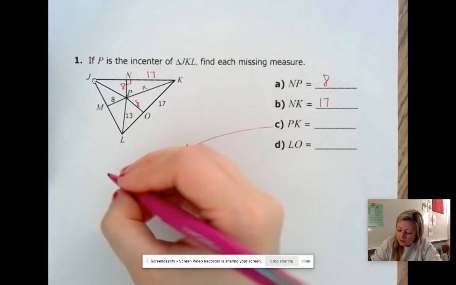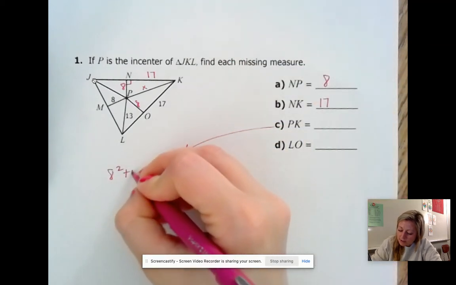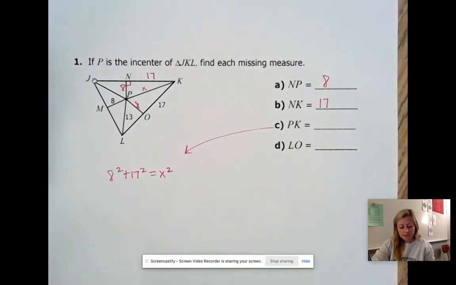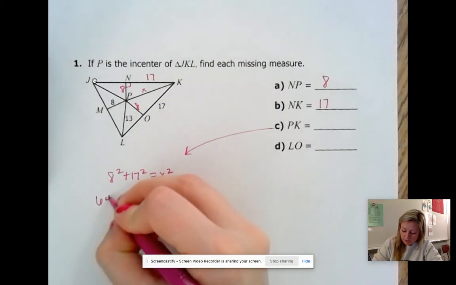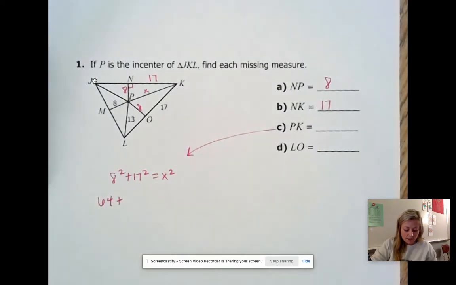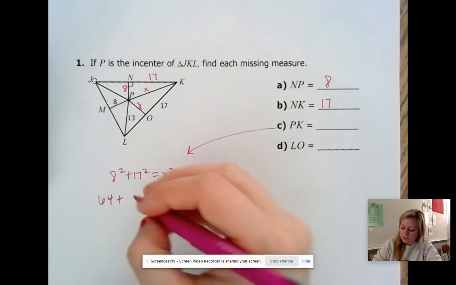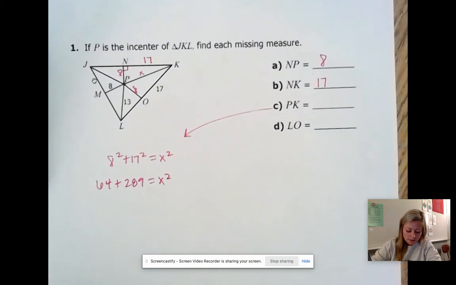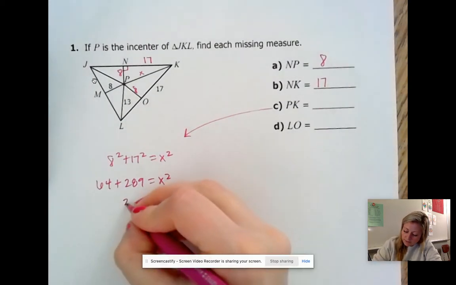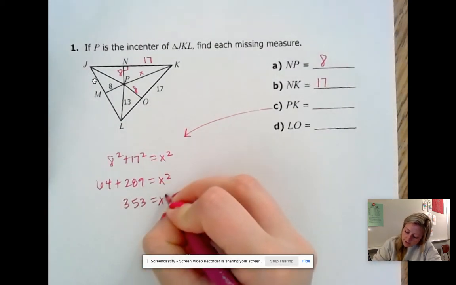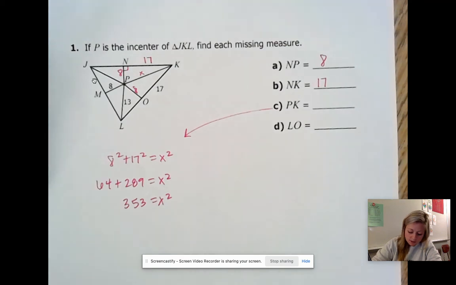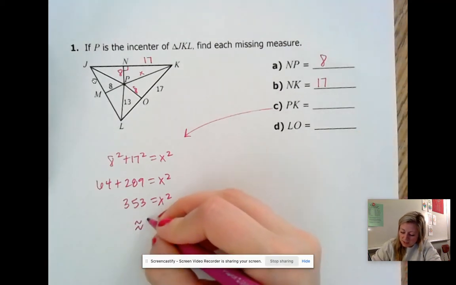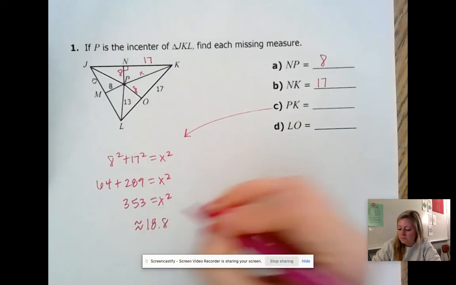This time our hypotenuse is x, so 8 squared plus 17 squared equals x squared. 8 squared we know is 64. 17 squared, I don't remember off the top of my head, is 289 equals x squared. Add those together, we get 353. And then we simply take the square root. Approximately 18.8.